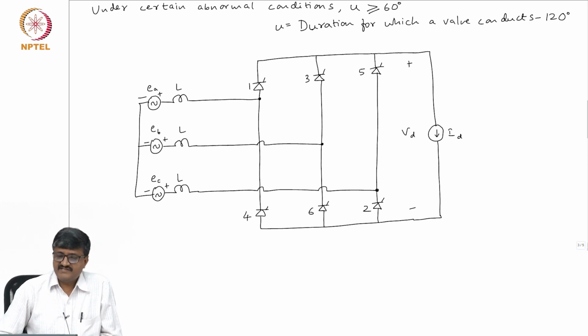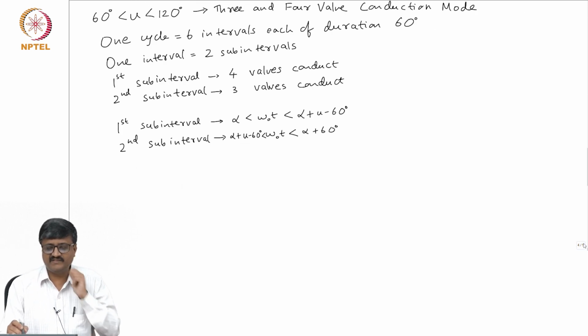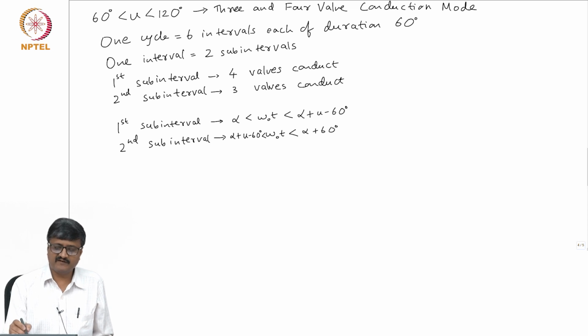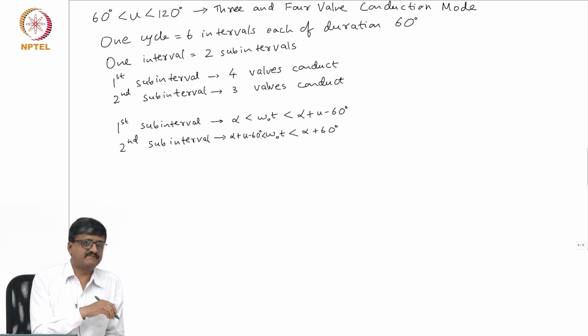Now, which valves conduct in the first subinterval? Look at the definition of the first subinterval. The first subinterval is from alpha to alpha plus U minus 60 degrees, in which 4 valves conduct, and alpha is the instant at which valve 3 is turned on. So, valve 3 is turned on and 4 valves are conducting, meaning 3 are already conducting.